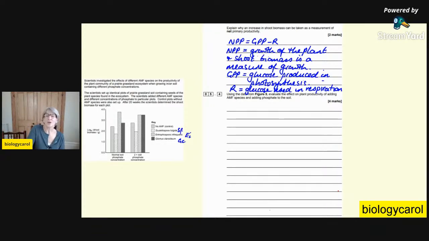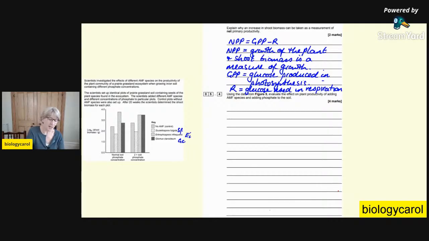So I know that net primary productivity is the growth of the plant because the glucose that has been made in photosynthesis, GPP, has been turned into all of those other biomolecules.